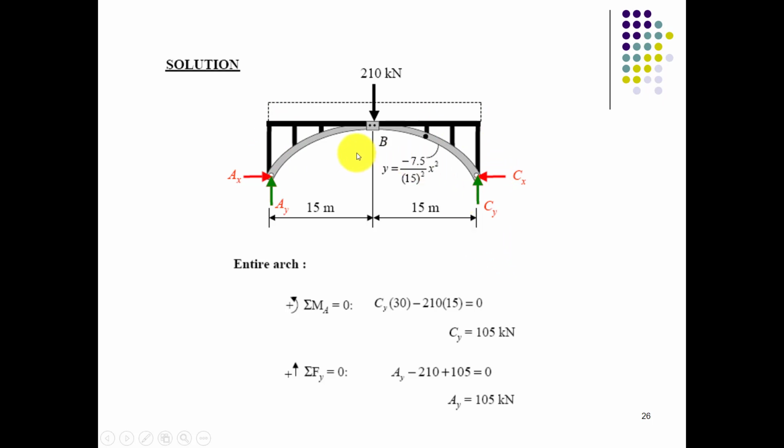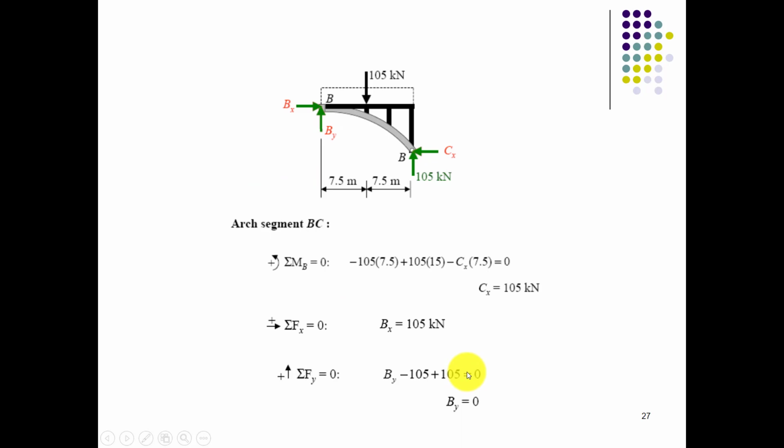And if we take the section over here, we can calculate the amount of horizontal thrust by taking the moment at point B, in a similar way that I have explained earlier. So you can calculate the amount of internal forces after we have a horizontal Cx equal to 105 kilonewton of force.